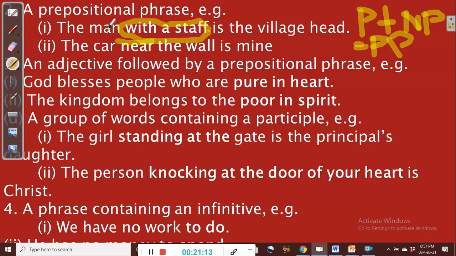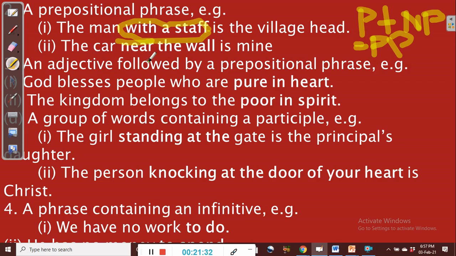"With a staff" here identifies the particular man we are talking about. So it's functioning as an adjective here. It's an adjectival phrase, even though structurally it is a prepositional phrase. Functionally, it is an adjectival phrase.